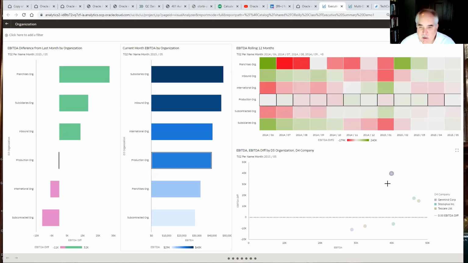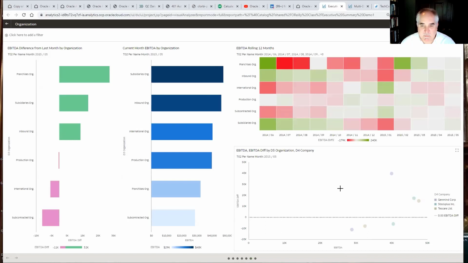And then what we're also doing is saying, okay, EBITDA and EBITDA difference, how is that valued for this given month? We can see it across time, but for the month, we see that it is highest in our scatter plot, and that becomes important as an insight.